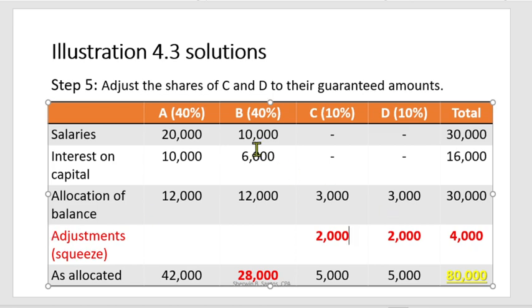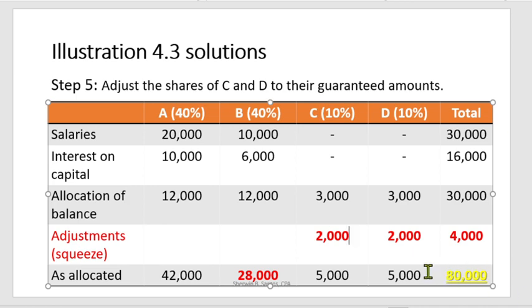4,000. Then, total mo lang to 10 plus 6, 12, 28, 5, 5 na tong kay C. So, kay A, 42, B, 28, C, 5, D, 5. Okay. Ano ang tinatanong na nga? Ang tinatanong is kung magkanong amount of profit ang kailangan para yung loan na 42,000 annual payment ay manggagaling lahat sa partnership.